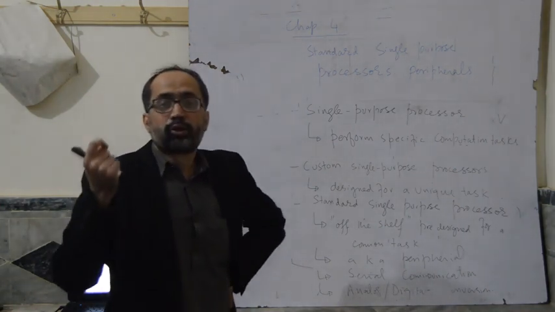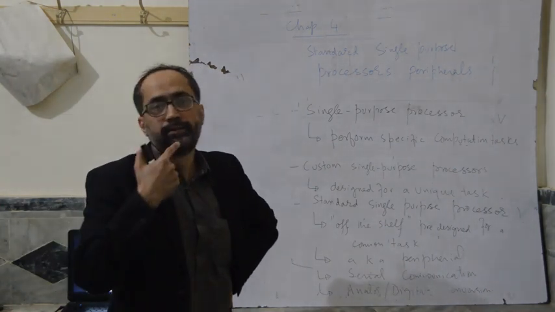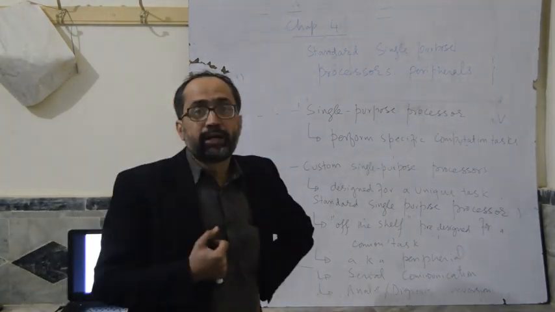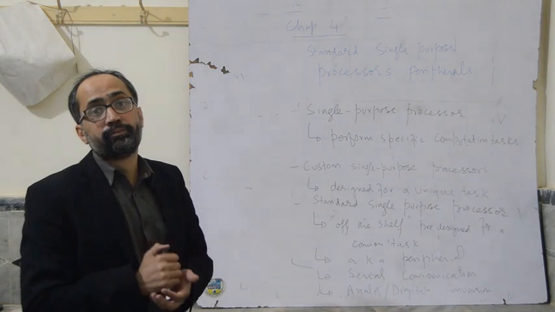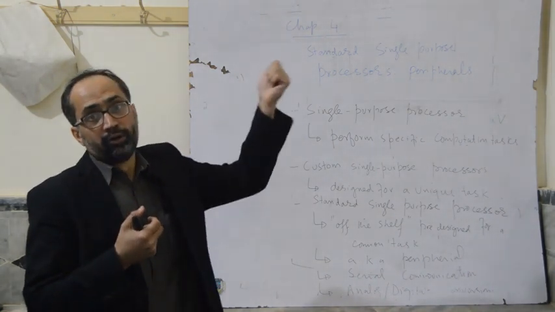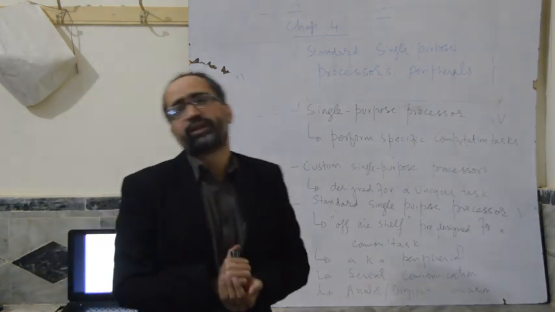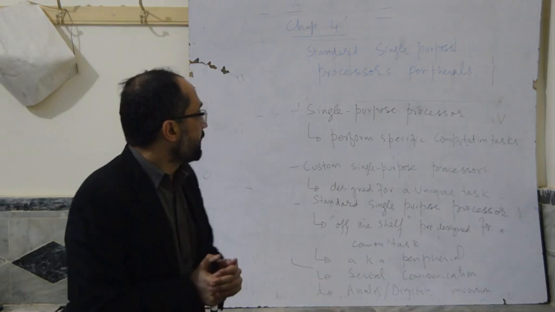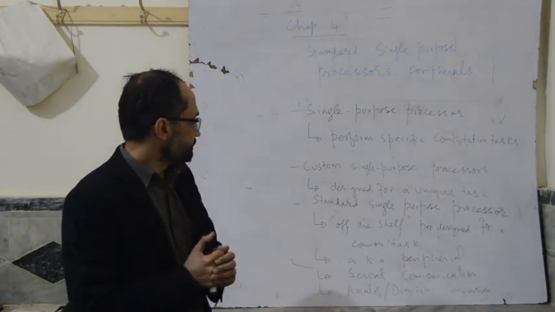For instance, the microcontrollers used in a toothbrush, or in AC systems. These microcontrollers are only dedicated to controlling the temperature of the air conditioning system or an inverter system.